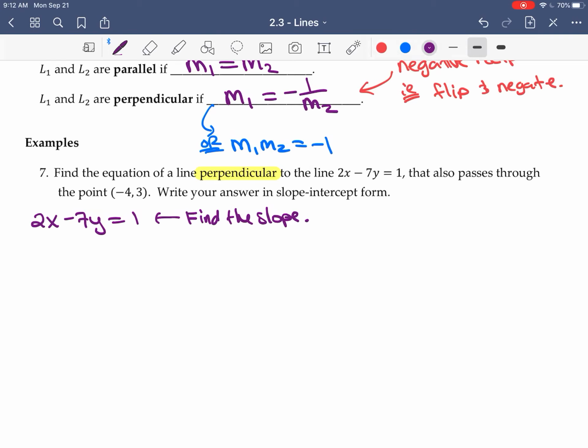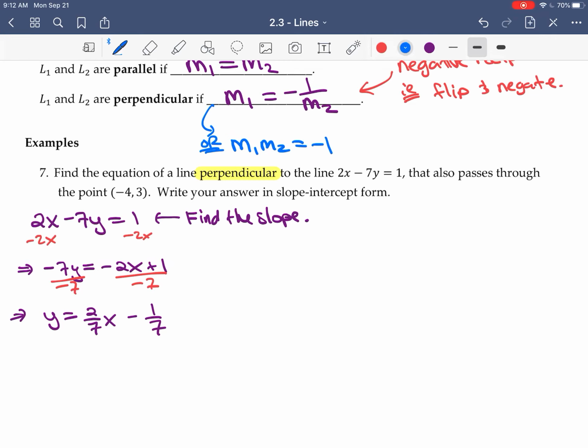Let's move the 2x over. So that means -7y is equal to -2x plus 1. And then we divide everything by -7 to cancel. So my y is going to be -2x over -7, which is 2 over 7 times x, minus 1 over 7.